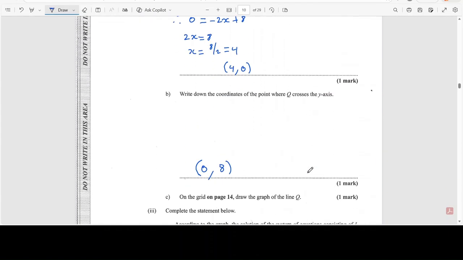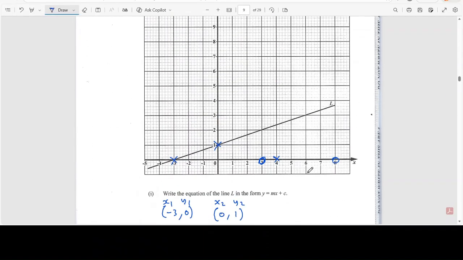And where's the next point? (0, 8). (0, 8) is up here. I need to take a ruler and connect this, which I cannot do on this. Let's draw the line.